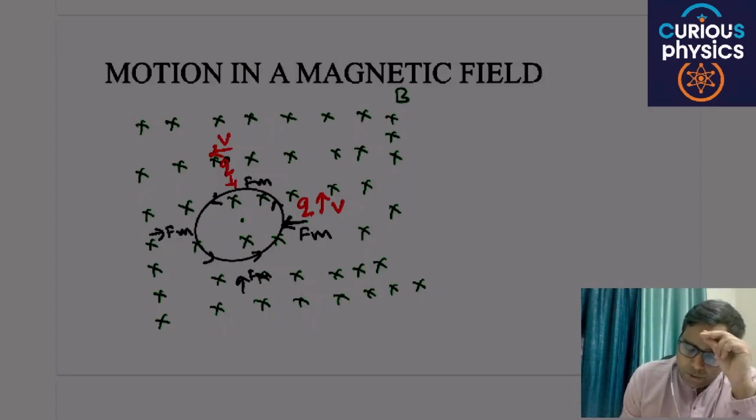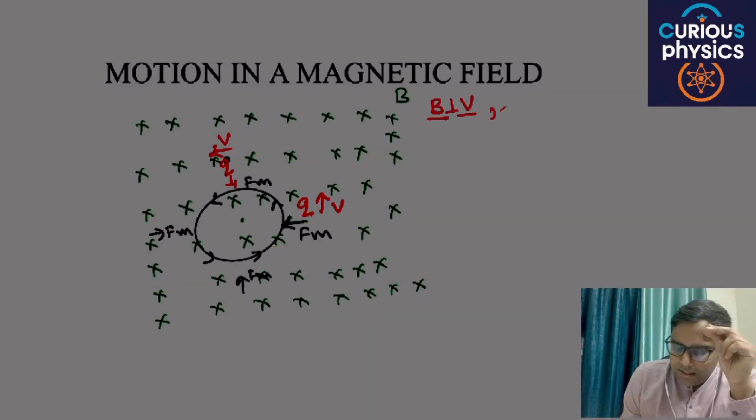This is the special case when B is perpendicular to V, mean to say that theta is 90 degrees.